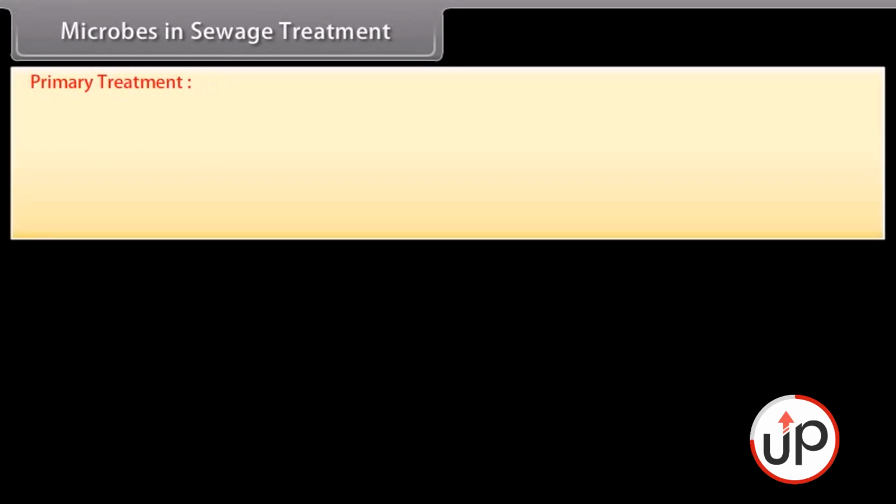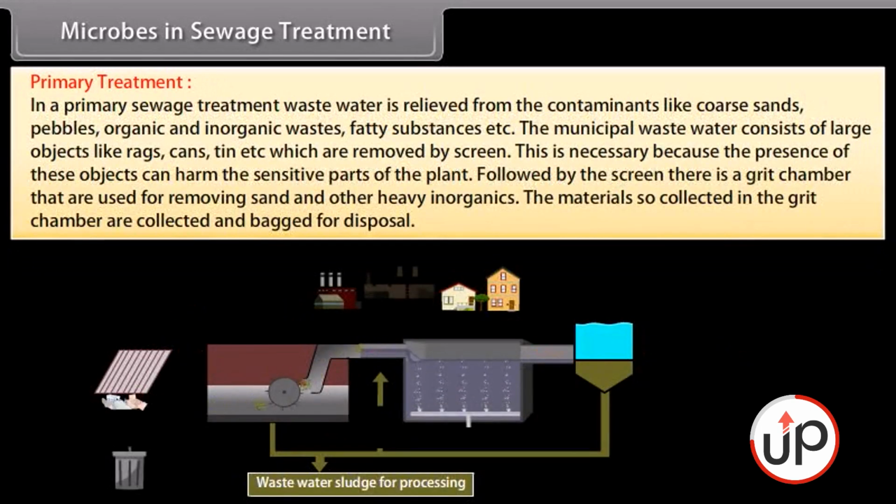Primary treatment. In primary sewage treatment, wastewater is relieved from contaminants like coarse sands, pebbles, organic and inorganic wastes, fatty substances, etc. The municipal wastewater consists of large objects like rags, cans, tin, etc., which are removed by a screen.